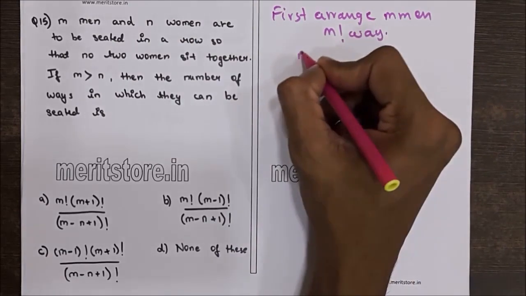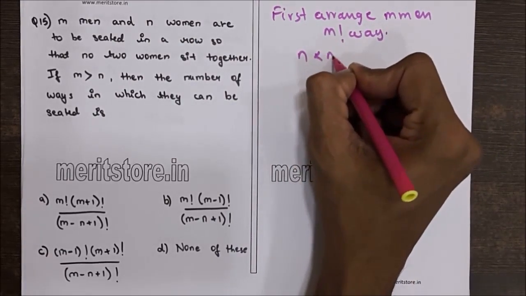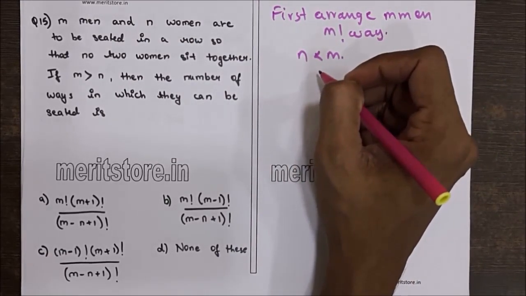Since N is less than M, no 2 women can sit together.